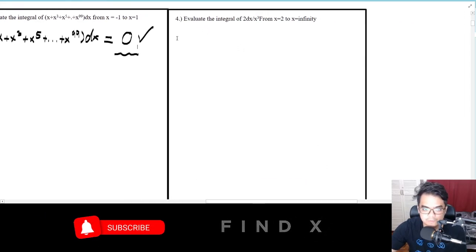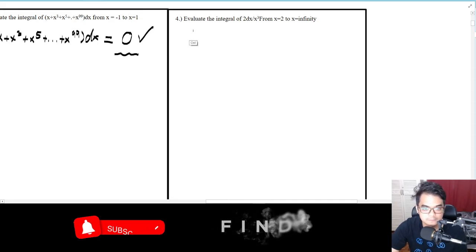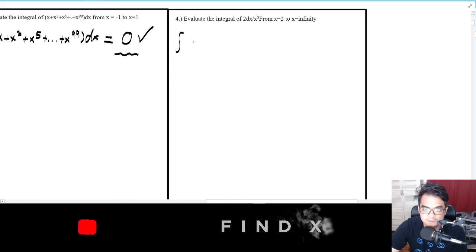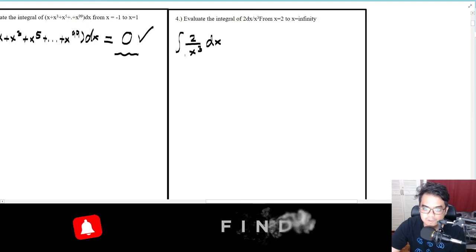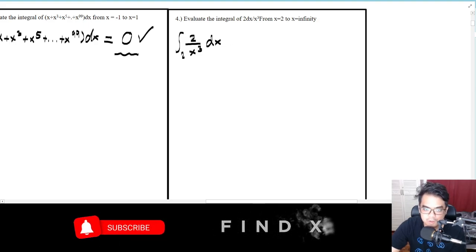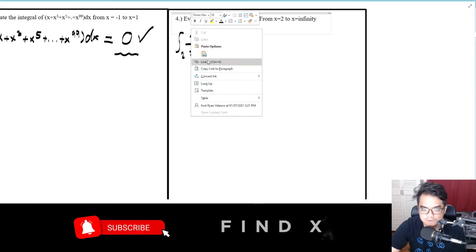Okay, let's go to number 4. For number 4, we have the integral of 2 over x cubed dx, with limits from 2 up to infinity.